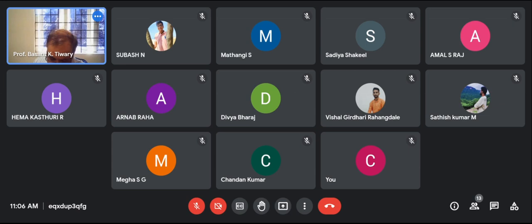Naurasi is present. Nishi is present. Sadhya is present. Satish is present. Vivas is present. And then Vishal is present. Today Uday Anand is also absent. Shubhashish is absent today.